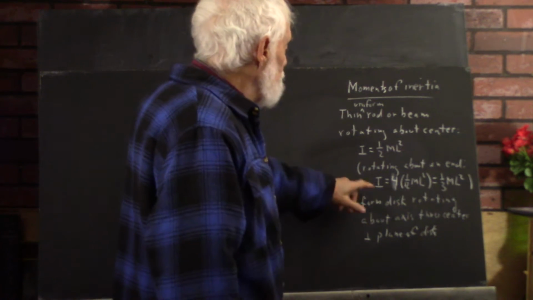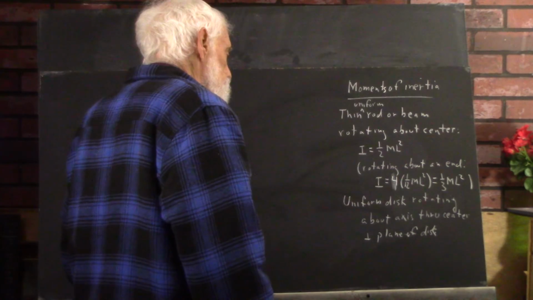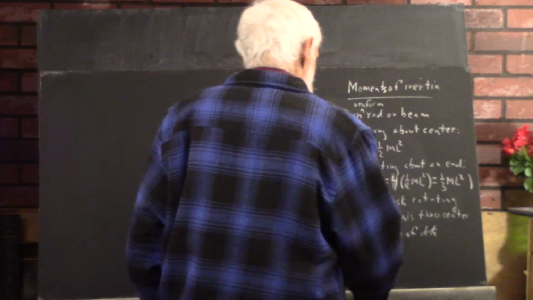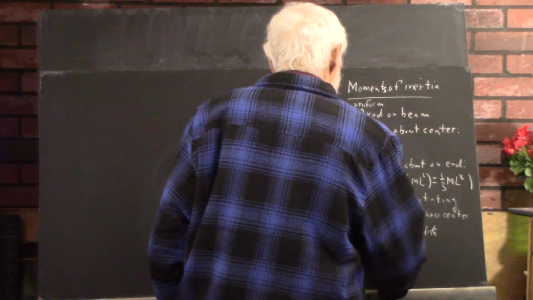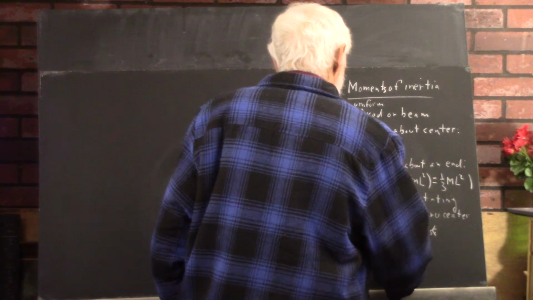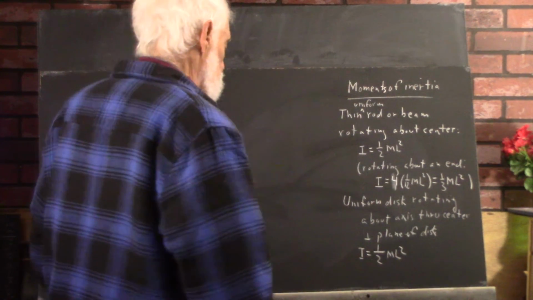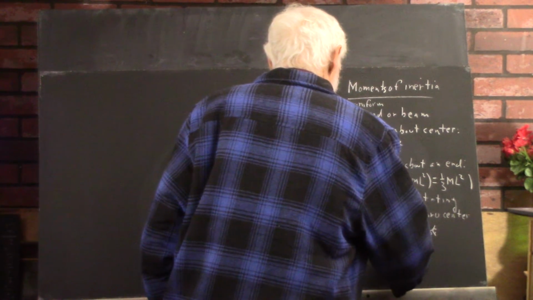Okay, but anyhow, for a uniform disk rotating about an axis through the center, perpendicular to the plane of the disk, I equals 1/2 ML squared. Make that M a little higher to make it look like that's not part of the denominator.